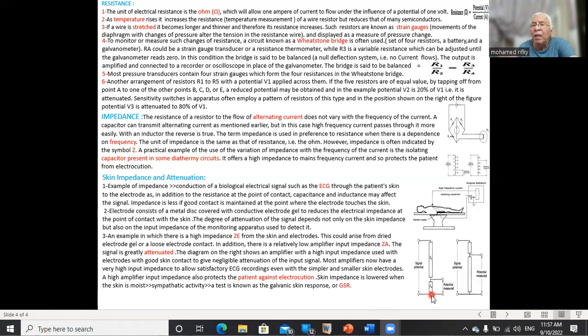Of course, whenever there is moisture in the skin, it will enhance the transmission, and this is a method to measure the sympathetic activity. When you have sympathetic activity, we have more moist skin, and we can measure it by the difference in resistance.